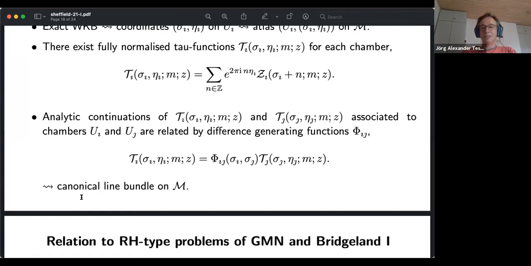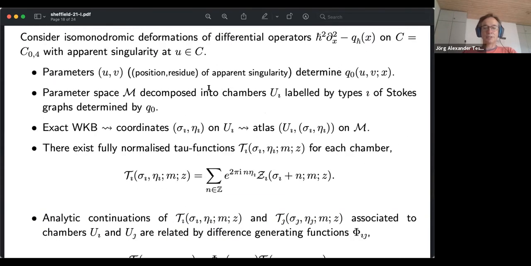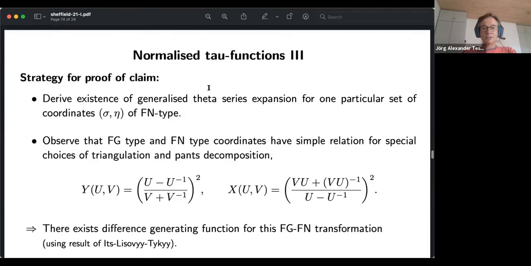It would be great if topological recursion could be taken as the definition for this tau function. The dream would be that ultimately topological recursion could be summable. Here, what we do is a kind of workaround. We are shifting everything into the coordinates, and once the coordinates are defined, for which to a large extent I believe we can just rely on the exact WKB, then in some sense, let me go to the right place.